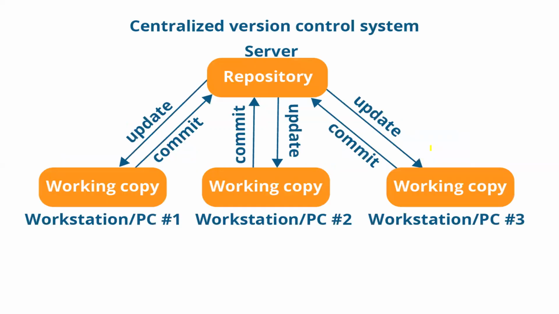In centralized version control system, there is a working copy of the code saved in this server repository, from where all the developers, consider this PC workstation as developer 1, developer 2, developer 3.